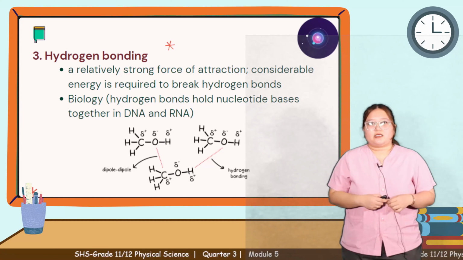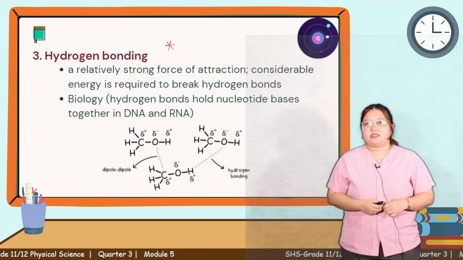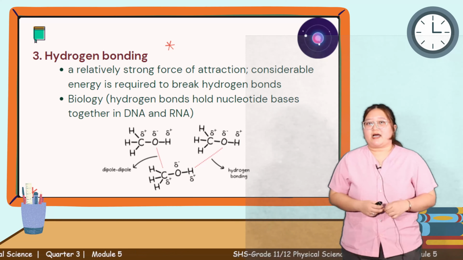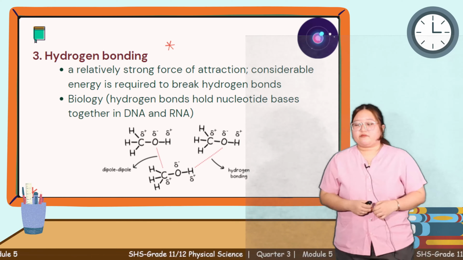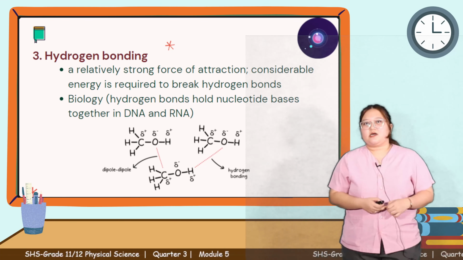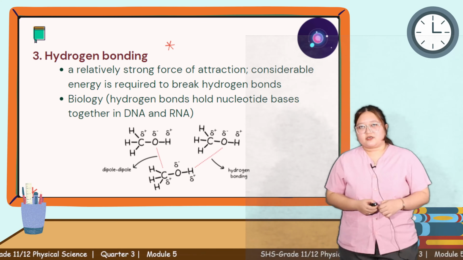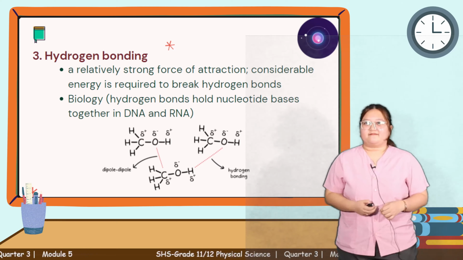This is the explanation why some compounds have high boiling points and high melting points. Hydrogen bonding also plays a very important role in biology. For example, hydrogen bonds are responsible for holding nucleotide bases together in DNA and RNA.